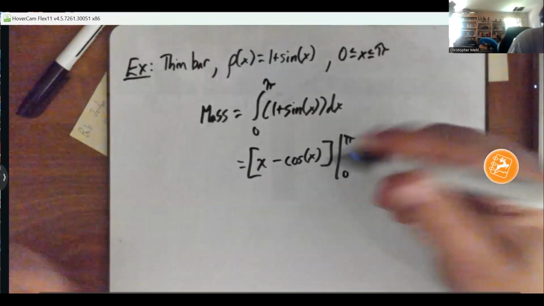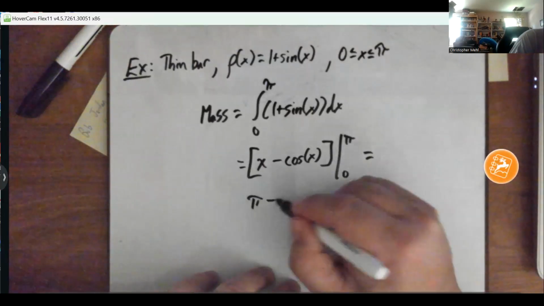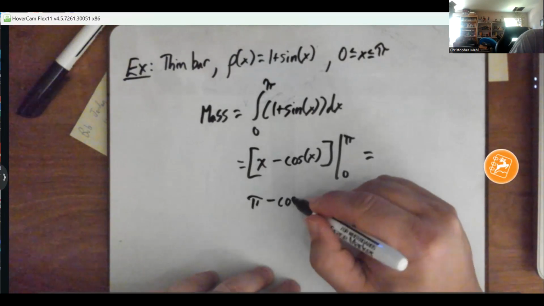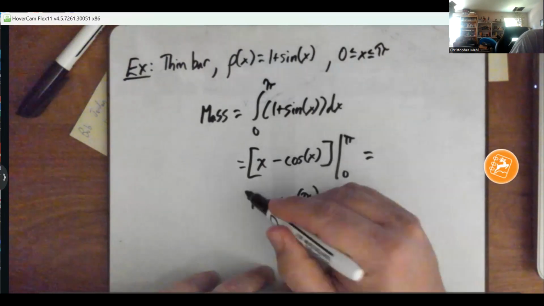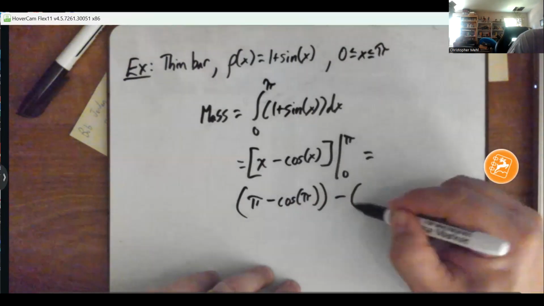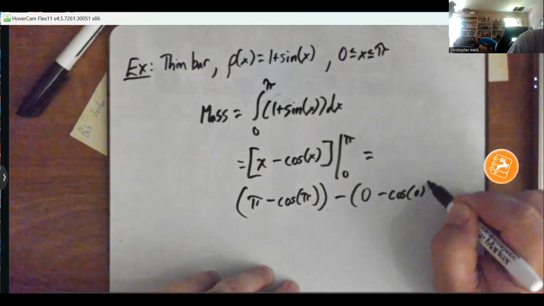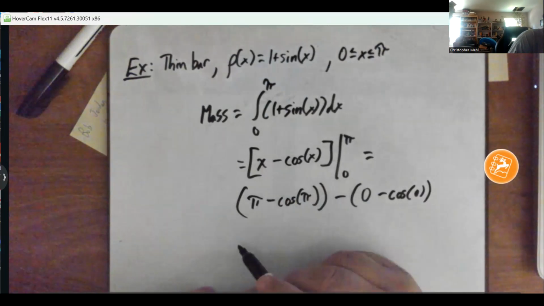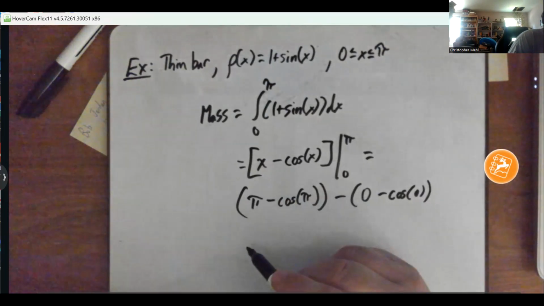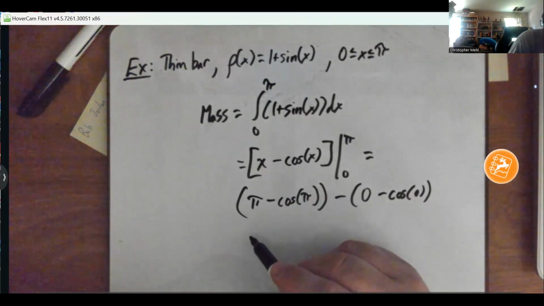So we're going to have pi minus cosine of pi, minus 0 minus cosine of 0.